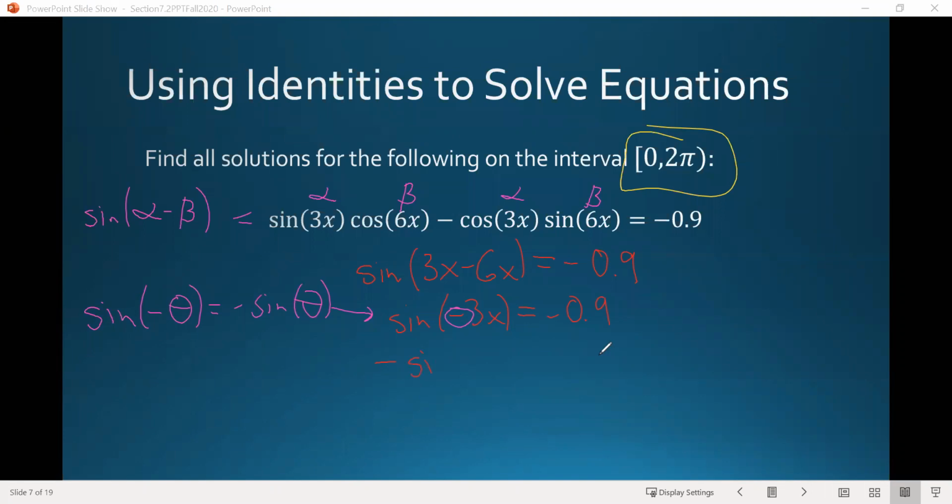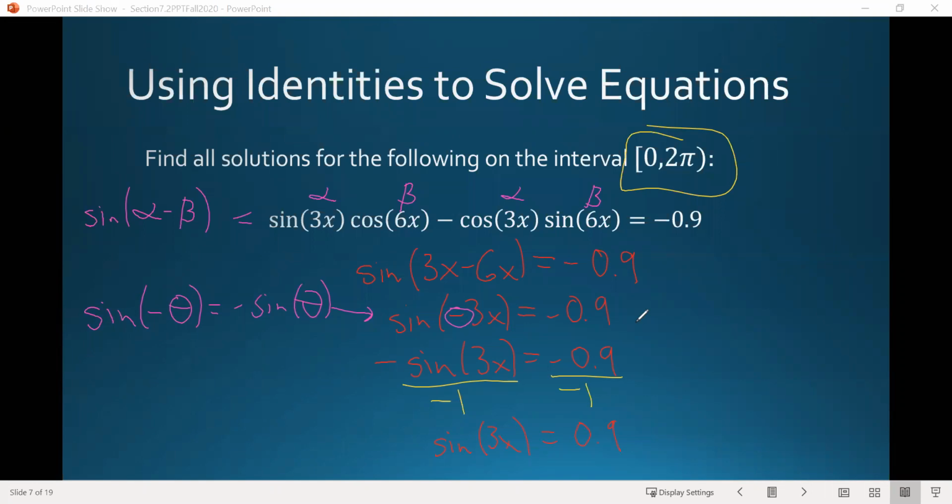This becomes negative sine of 3x equals negative 0.9. Then we can get rid of that negative sign by dividing both sides by negative 1, and we'll be left with sine of 3x equals positive 0.9. Then we'll go on to solve that from there.